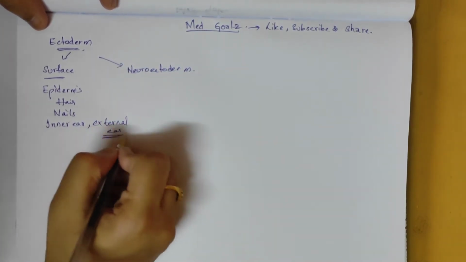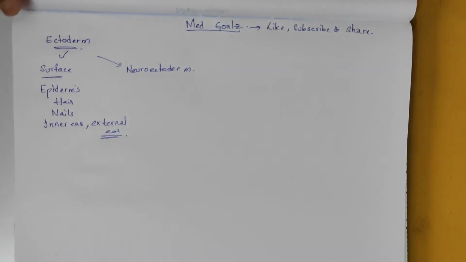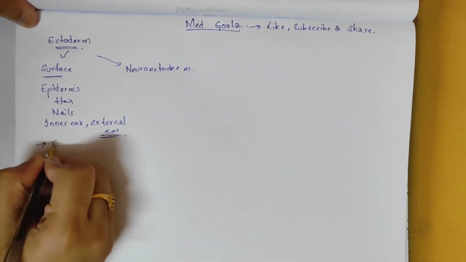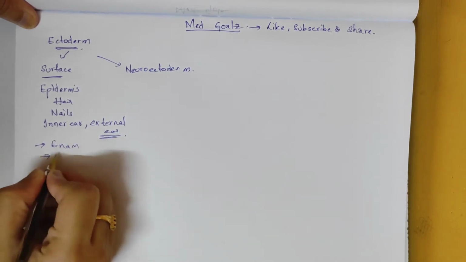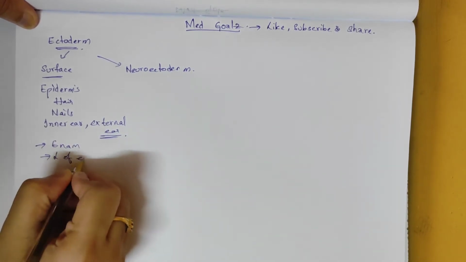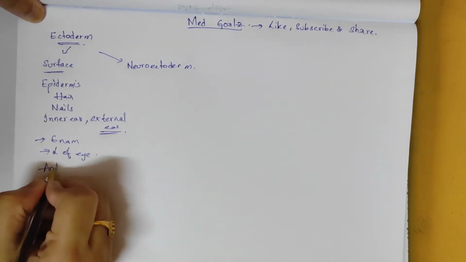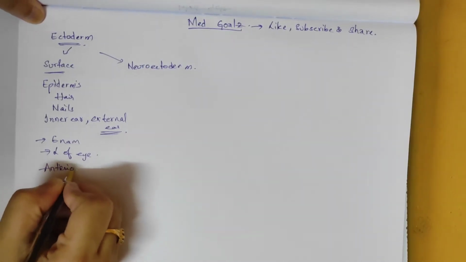External ear is the remnant of the pharyngeal cleft. Actually, we discussed pharyngeal clefts, pharyngeal pouches, and pharyngeal cartilage. Next, enamel of teeth, lens of the eye, and the most important, anterior pituitary. It is derived from the surface ectoderm.